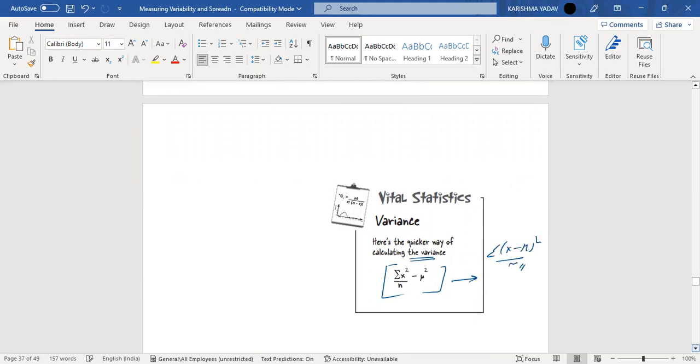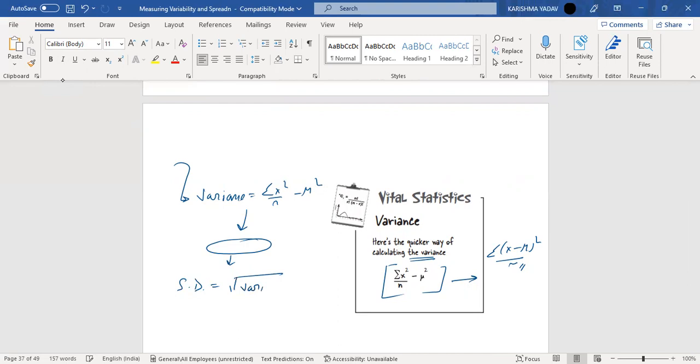Now, as you can see, the standard deviation is a good way of measuring spread. But the standard deviation calculation sometimes becomes tricky. At that time we will use the variance formula, that is sigma x square divided by n minus mu square, and by the value that we got using this variance formula, we'll take the square root of this variance.